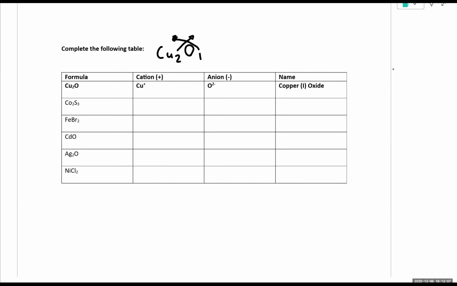So we write out our formula, we cross the subscript back into the charge, that gives us copper + and O2-. As an additional check, you make sure that the charge for your main group element matches the predicted charge. And the 6A element, like oxygen, does in fact have a 2- charge, which tells us this copper has a +1 charge. So we name this as copper 1.